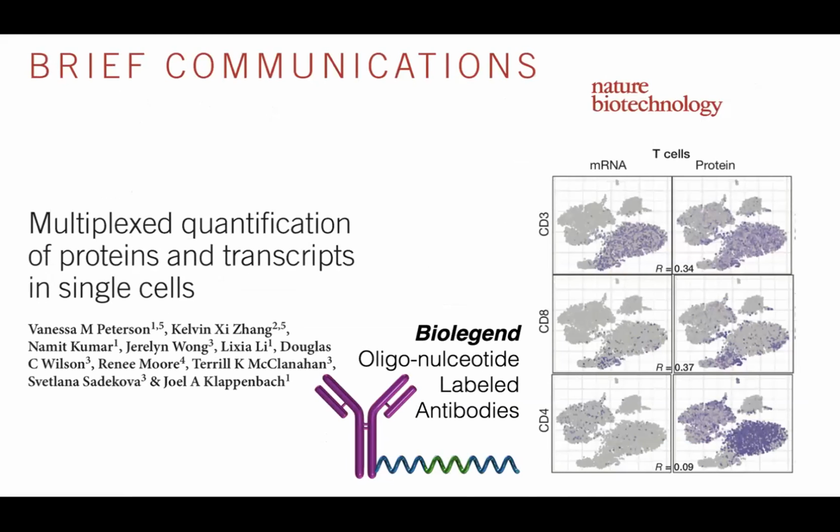And for those of you that are a little bit unfamiliar with the single cell field, one of the approaches we were using was a method called REAP-seq or CITE-seq or TotalSeq. It has a bunch of different names. Bottom line is you have an antibody surface marker staining that you can do. So these antibodies are labeled with oligonucleotides.